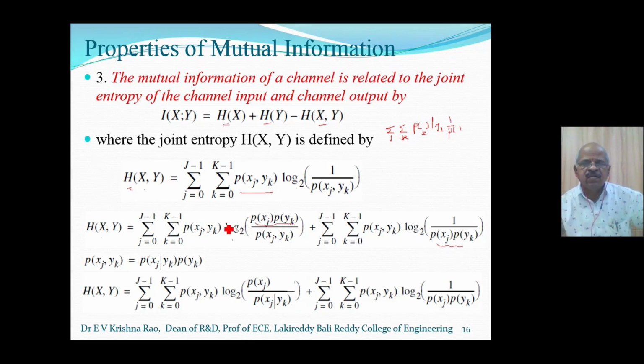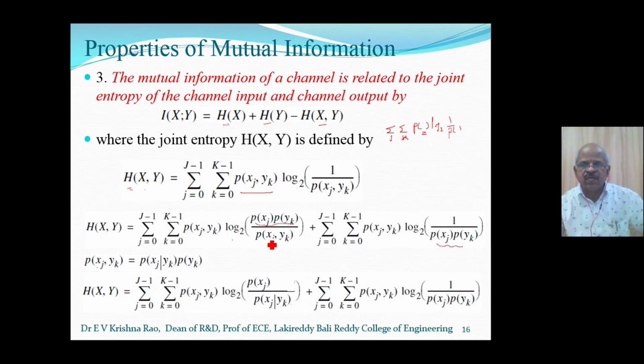Now, the joint probability is nothing but, as we have just seen, the product of p of xj given yk multiplied with p of yk. You can also take p of xj, yk as p of yk given xj into p of xj. That is the Bayes rule, and we get the same thing.